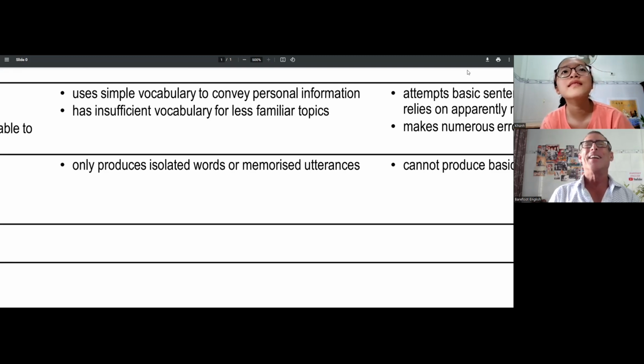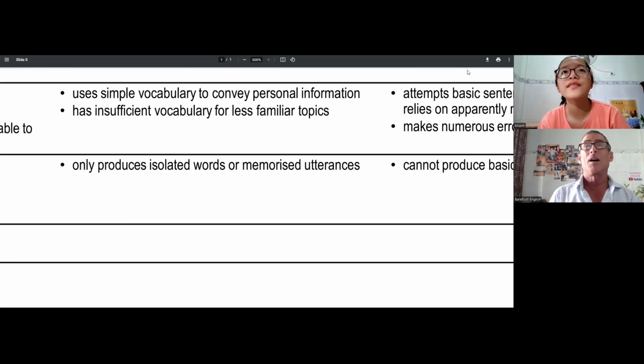Good. And let's go with the pronunciation of those two words. Isolated. So only produces isolated words, meaning there are no sentences. They're giving one-word answers, or memorized utterances.